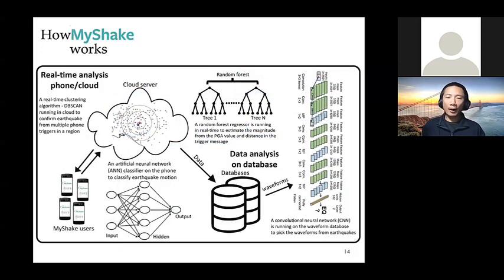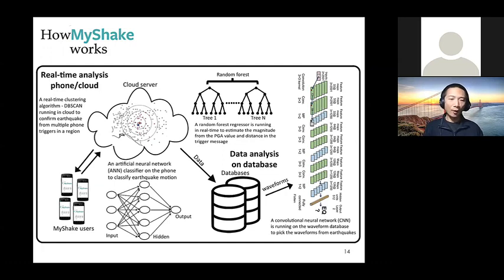There are a lot of algorithms backing up the MyShake system, which enable the whole detection part and detect the earthquake fast. I will introduce all these algorithms one by one and give you a high-level overview. Here I just briefly mention which parts use which algorithm.